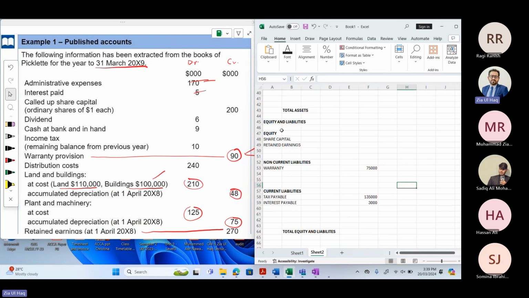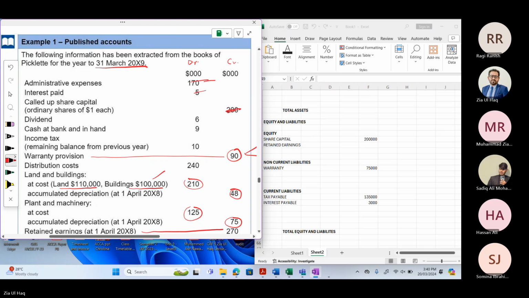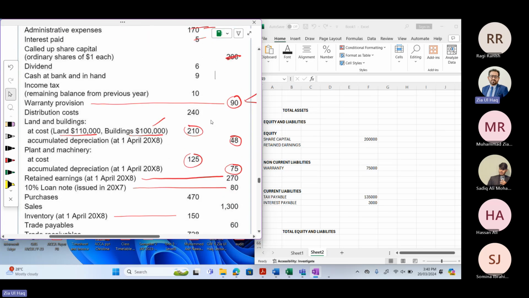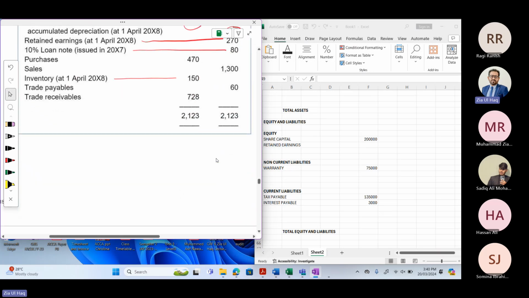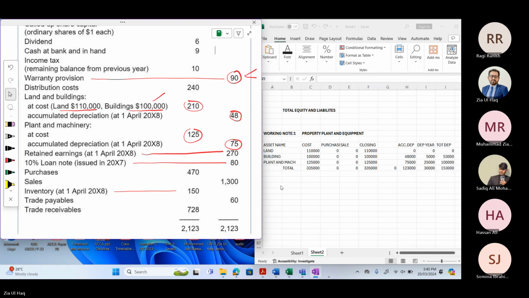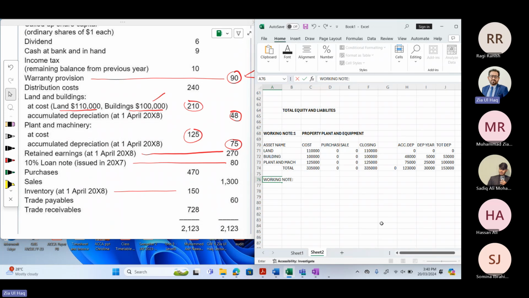So interest is done. Share capital is 200,000. Done. Dividend paid 6,000, and we need to adjust with the opening retained earnings. We need to add profit and then deduct dividend paid, and calculate closing retained earnings. So for this, we need to prepare some working. So here we go, working note 2, sorry.